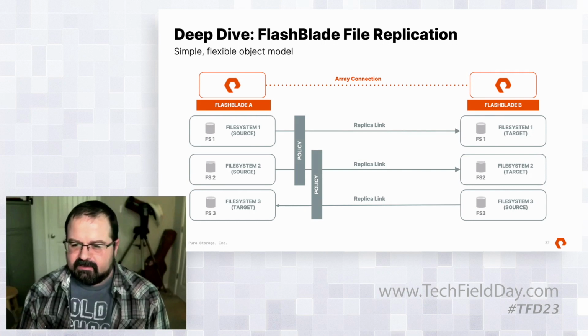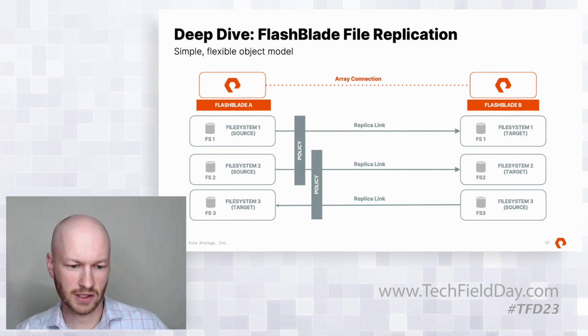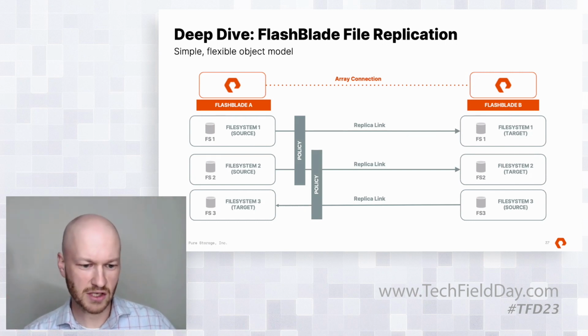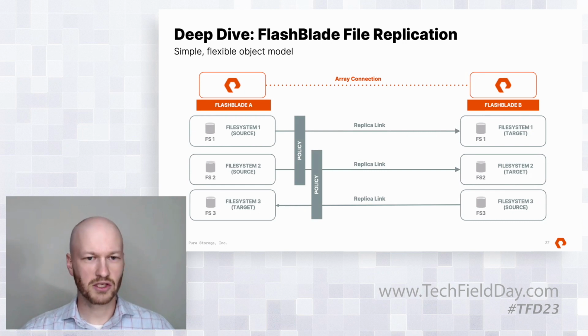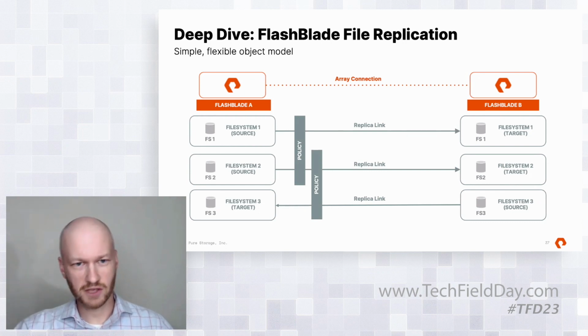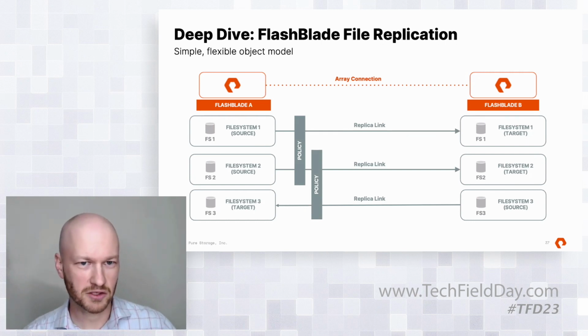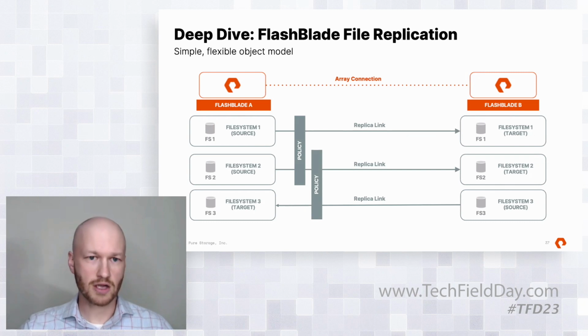The way this works, just to give you a little bit of a sense of the mechanics, when all is healthy in this snapshot-based scheme, the source is considered promoted. So if you go into the UI, we even show this file system is promoted, meaning it's writable by any connected client on the source side. On the target, you see the file system and it's indicated as demoted, as in we've got the data.